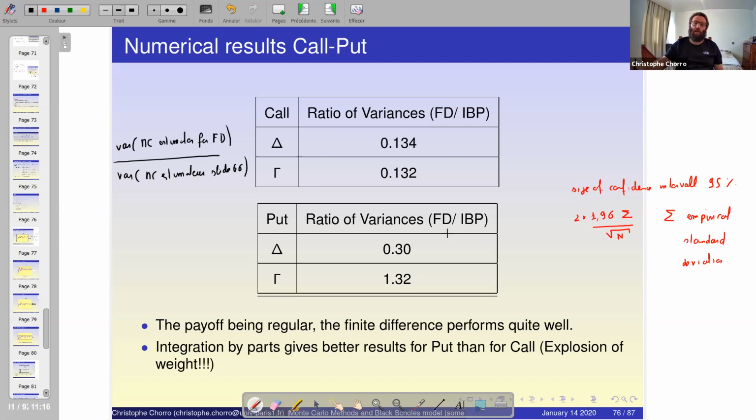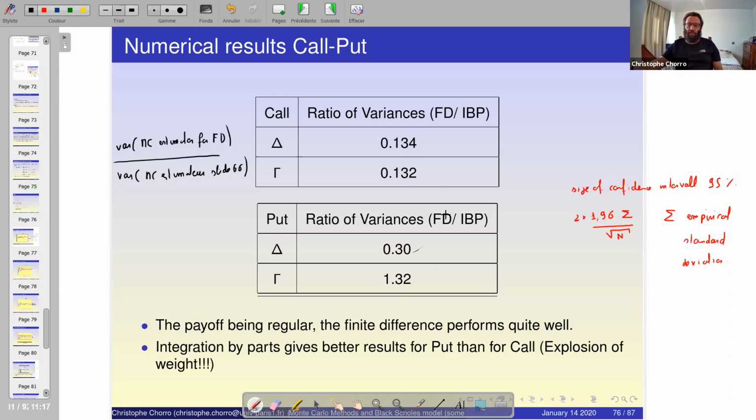In this situation, as I have observed in the pictures, the ratio of the variance is really strictly greater than 1 in these 3 cases, saying that the naive methodology using finite difference scheme gives me better results in terms of confidence interval than the one I can obtain using the formula proposed in slide 66. The only situation where I have to discuss it a little more is in this situation where slide 66 gives me a tool that seems to be a little bit better, okay?